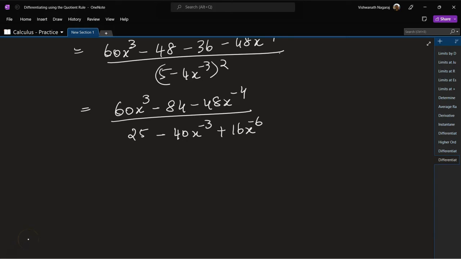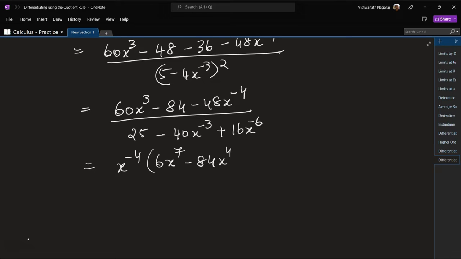Now we have to get rid of these negative exponents, right? So let's take x to the power of minus 4 out. So what do we get? 60 x to the power of 7. 7 minus 4 is 3, right? Then minus 84 x to the power of 4. So 4 minus 4 is 0.